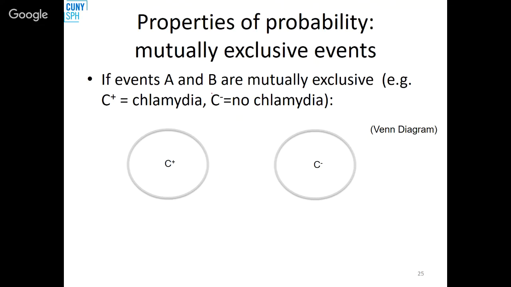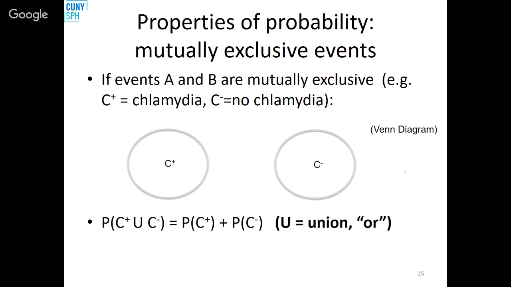Mutually exclusive events are things that cannot both be true. So for example, having chlamydia and not having chlamydia are mutually exclusive. Either the infection is present or it is not in an individual. And these are non-overlapping Venn diagrams. And in these cases, the probability of the union is just the sum of these two areas.